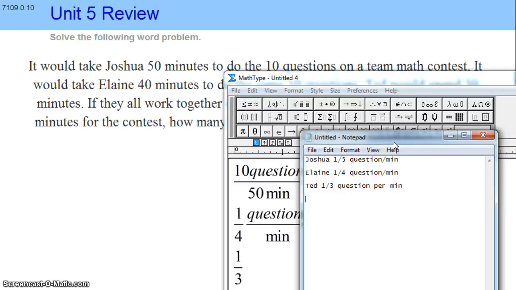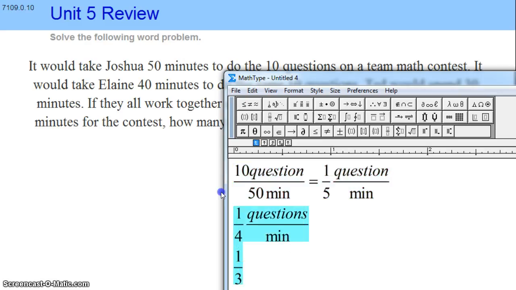We want to see how many questions they can combine to get done in 1 minute or in several minutes. So let's make a common denominator, and actually there is no good common denominator, it's just the product of the denominators. So you're going to have to multiply 5 times 4 times 3, which is 5 times 4 is 20, times 3 is 60.